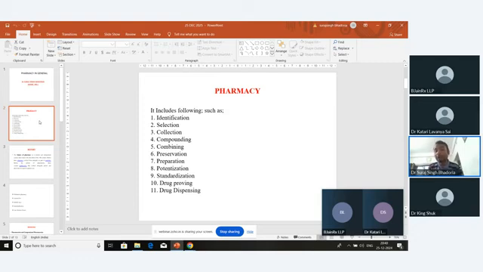Similarly, when we practice pharmacy, the first criterion is identifying the sources from which we prepare the medicine, from which we prepare or collect the raw material of our drug. So identification is a very, very important part.